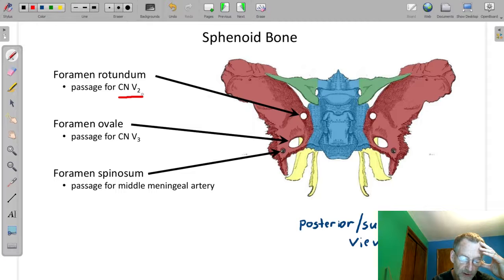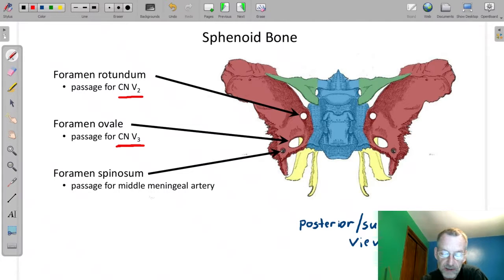It passes through the foramen rotundum and enters the pterygopalatine fossa. We'll keep working on that. The larger hole, the oval shaped hole, is the foramen ovale, and through it is the third and final branch of the fifth cranial nerve, or the trigeminal nerve. And the last little hole in the sphenoid is the foramen spinosum, which is passage for the middle meningeal artery. We won't spend a lot of time on that.